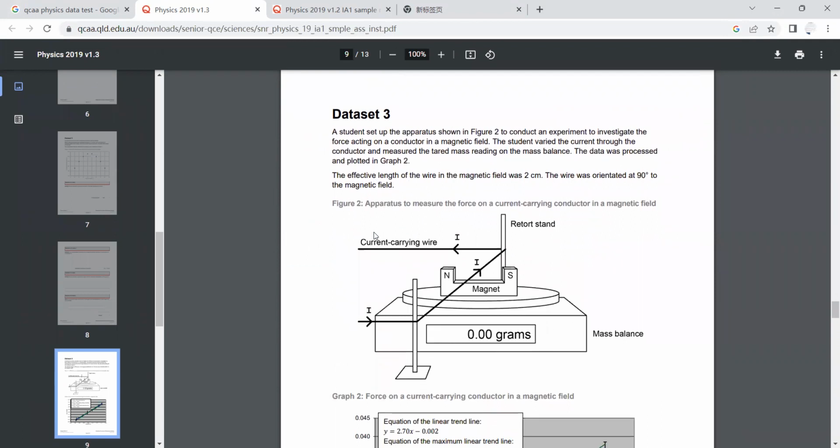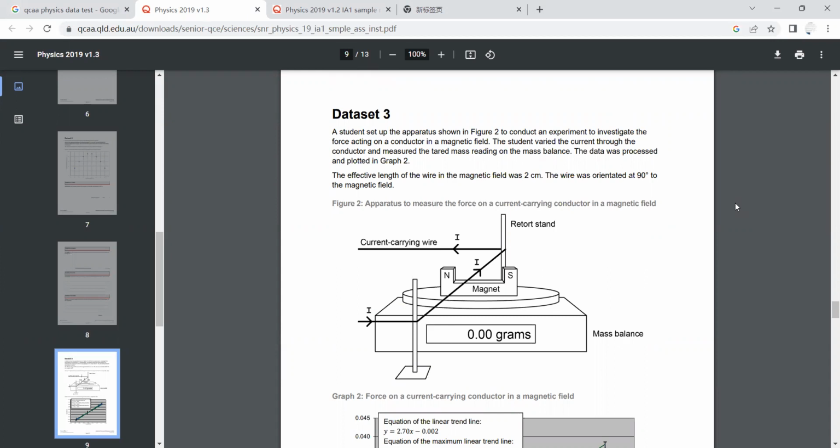And this is set up for data set 3. Let's read the question. A student set up the apparatus shown in Fig 2 to conduct an experiment to investigate the force acting on a conductor in a magnetic field.